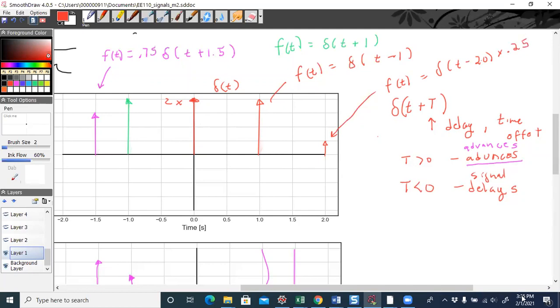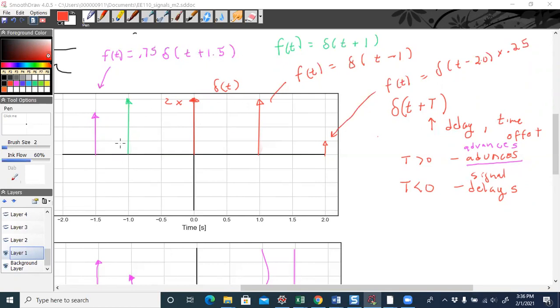Okay. So that's pretty much it. You just draw it to scale, even though we know it's infinity. And if it's a positive, we know that that advances the signal in time. So it's kind of an opposite type thing.